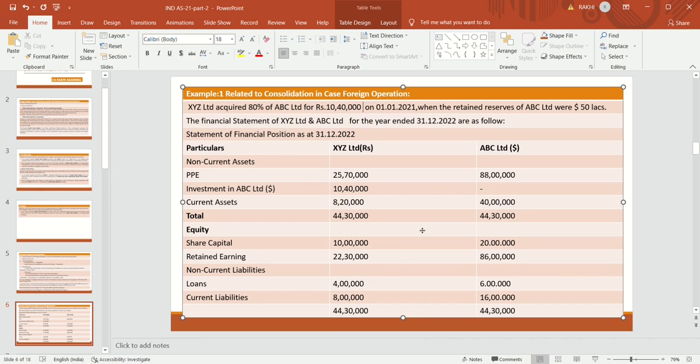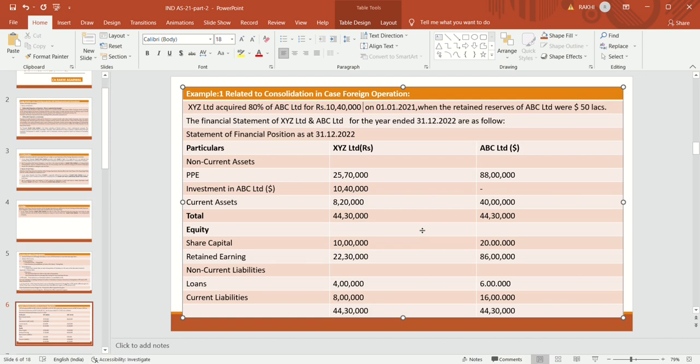The financial statements of XYZ Limited and ABC Limited for the year ended 31st December 2022 are as follows. This is the financial statement of XYZ Limited, which is in rupees, an Indian company, and ABC Limited, whose financial statement is in dollars. Non-current asset, that is property, plant and equipment, is 25,70,000, and in ABC Limited 88 lakhs, all in dollars. Investment in ABC Limited is 10,40,000.